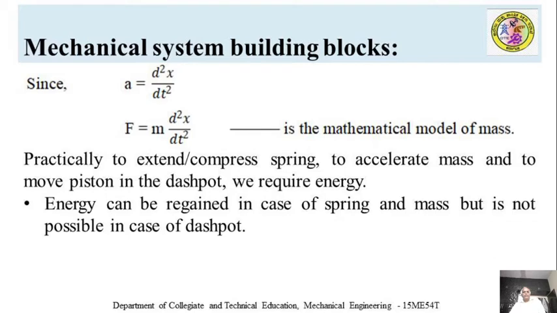So F is equal to m into a, and a can be replaced by d square x by dt square. So F equals m d square x by dt square is the differential form of F equals ma. This is the mathematical model of mass.